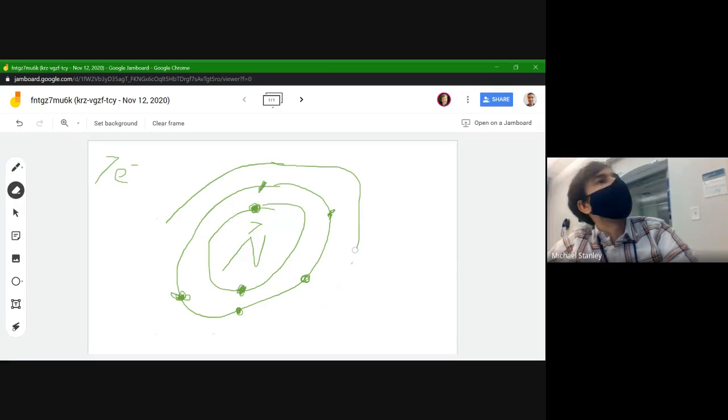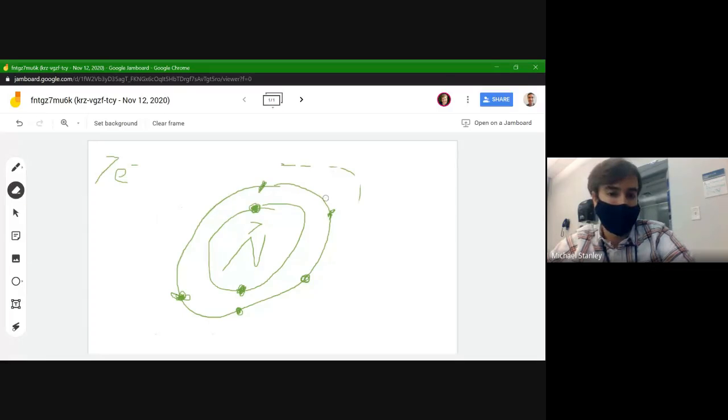It only needs those first 2 shells. So in the case of nitrogen, we have 2 electrons on the first ring and 5 electrons on the second ring, which gives us a total of 7 electrons, which is what we said nitrogen has for it. Precisely.